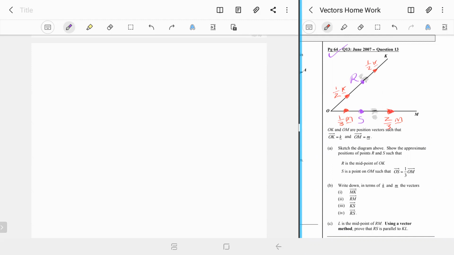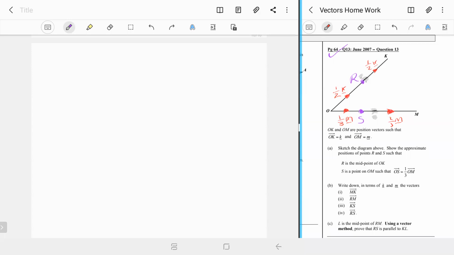Based on those positions, we know that the line OK breaks down into half K, and the line OM breaks down into 1/3 M and 2/3 M.